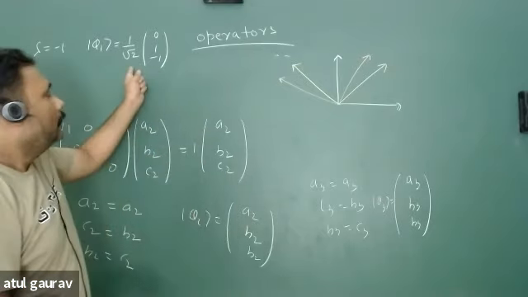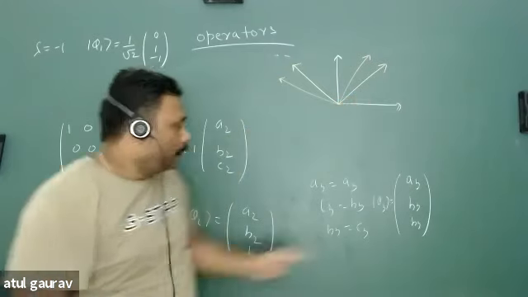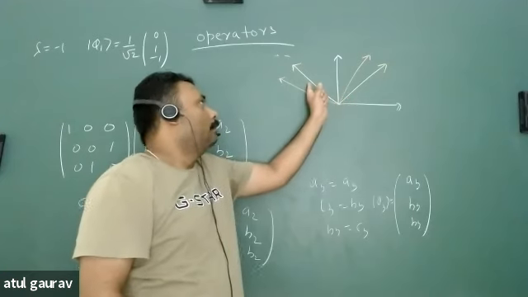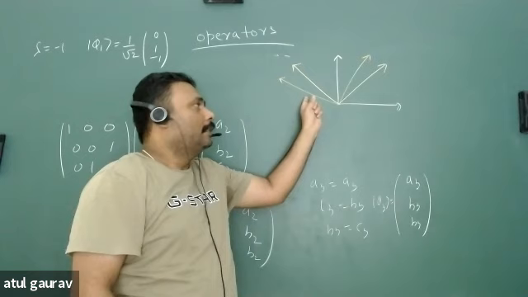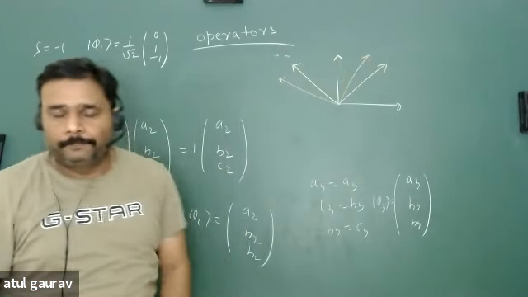But for lambda equal to minus 1, you have only this one vector, that's it. But for this lambda is equal to 1, if you have this vector, then the orthogonal vector is this vector.